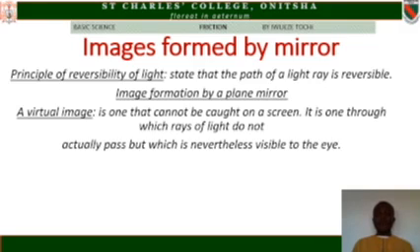Images formed by a plane mirror. A virtual image is one that cannot be caught on a screen. It is one through which rays of light do not actually pass, but which is nevertheless visible to the eye. A virtual image appears as an apparent image of an object.